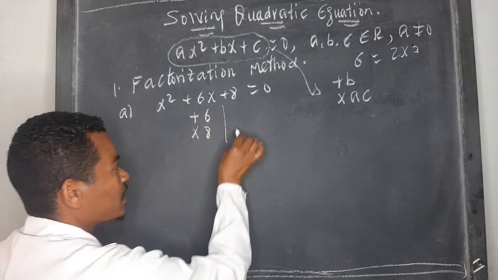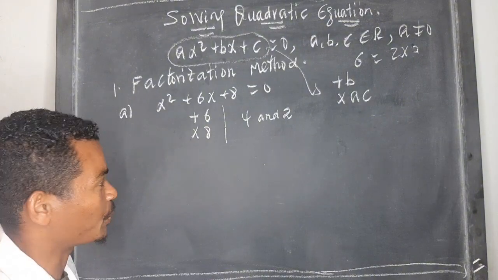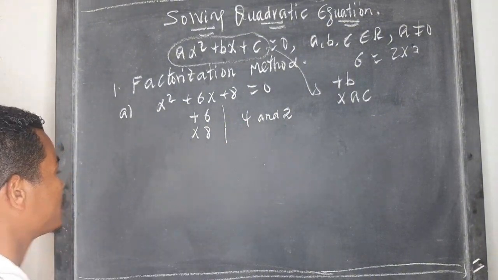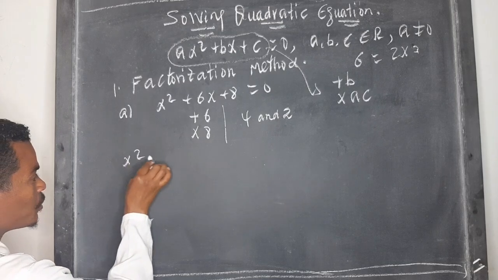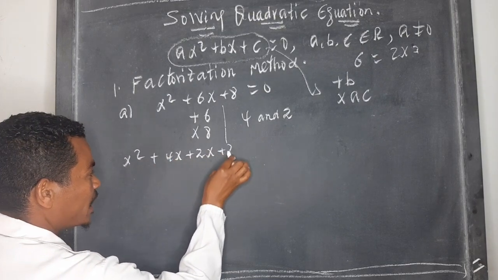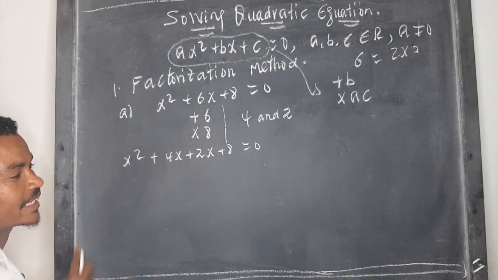The two numbers are 4 and 2 because 4 plus 2 is 6 and 4 times 2 is 8. So x squared plus 4x plus 2x plus 8 is equal to 0. That is, 4x plus 2x is 6x.